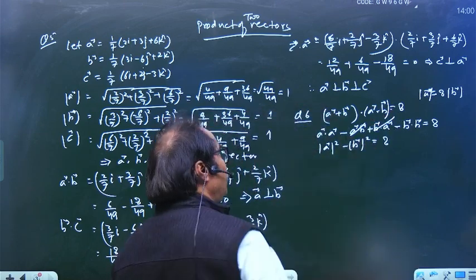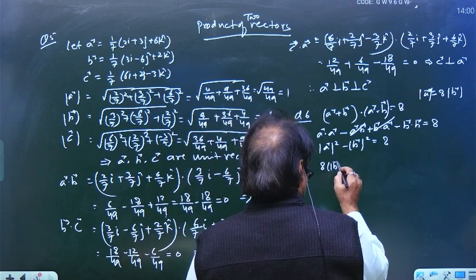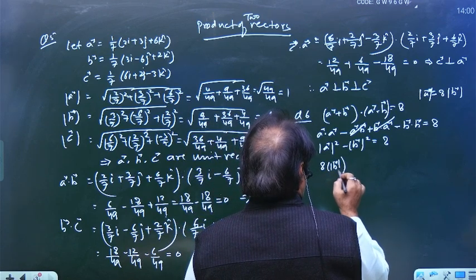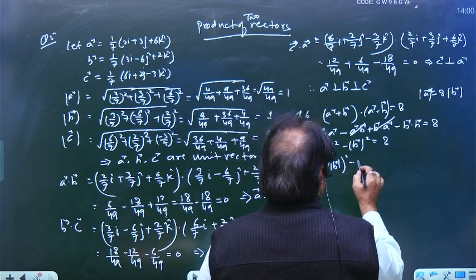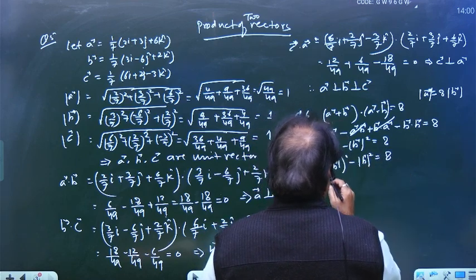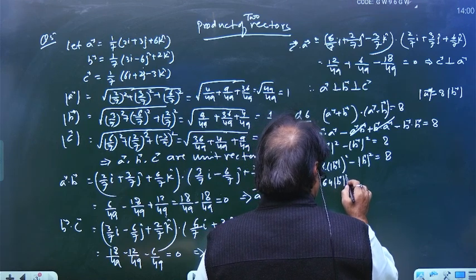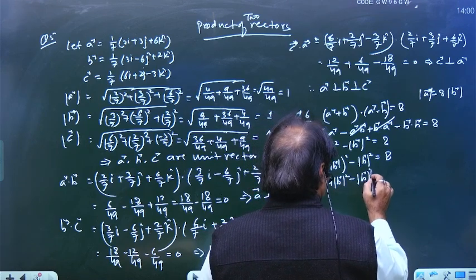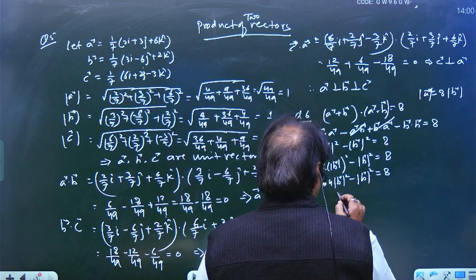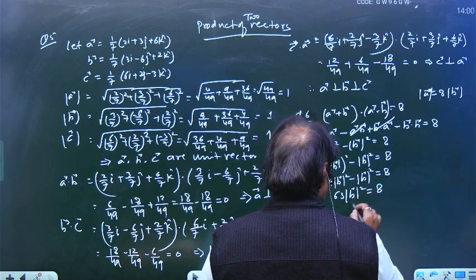And the value of magnitude of A is given. So this is 8 times magnitude of B, whole square, minus magnitude of B whole square is equal to 8. So 64 magnitude of B square minus magnitude of B square is equal to 8. So it should be 63 magnitude of B square is equal to 8.